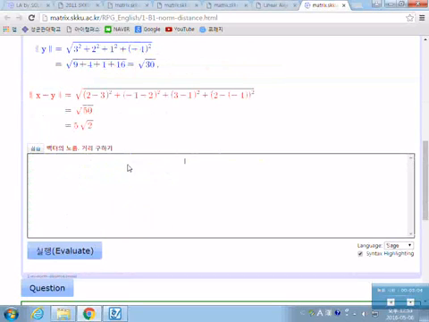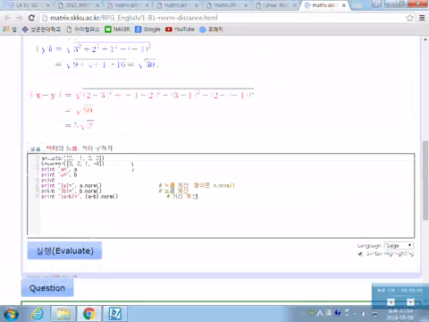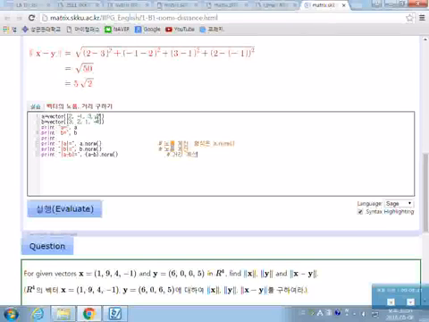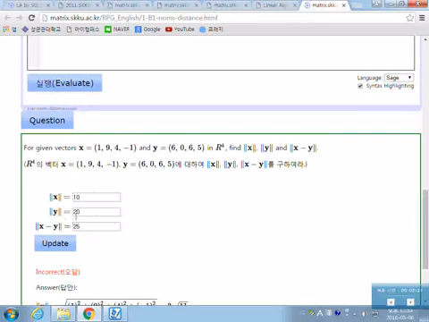In order to find the answers we just put them here. Vectors: x we can put as a, y we can put as b, then we can easily get the related answers. So this is a way of using a computer tool, Sage, to do some exercises with linear algebra.